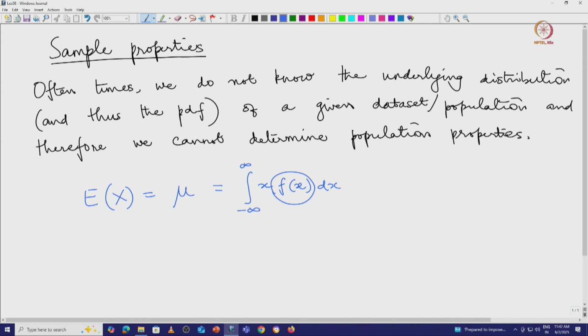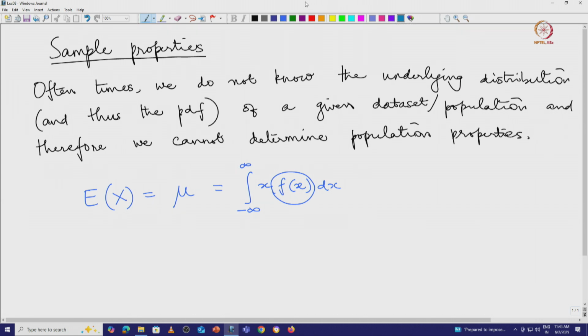So, that is a problem, and here in today's lecture we are going to look at sample properties, but I want to remind you that it is possible in machine learning to have generative algorithms, algorithms in which you do not really know what f of x is, but you are trying to approximate it and then you try to sample from that particular distribution. So, that is indeed possible in machine learning. We will probably come to it later in the course, but that is something you should keep in mind.